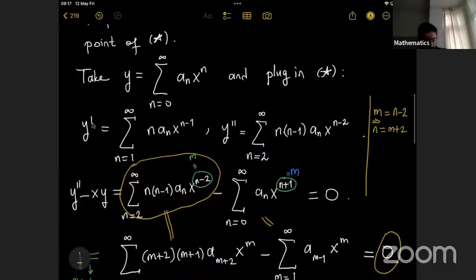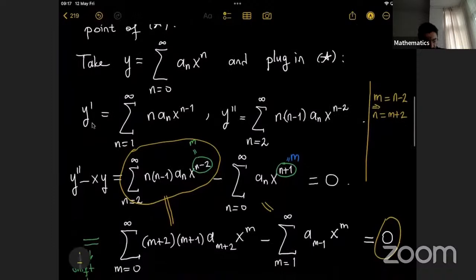So if n is equal to 2 here, n equal to 2 means m is equal to 0, because m is equal to n minus 2, and 2 minus 2 is 0. So you start with 0 here for m.